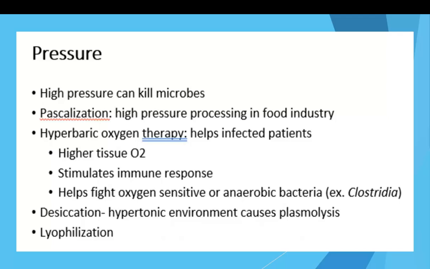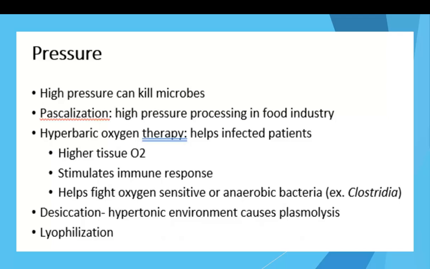And then we have desiccation. So this is the hypertonic environment, where, if you remember, they use a high concentration of solute in order to cause plasmolysis, and the cells lose water, so they can get rid of those pathogens this way.